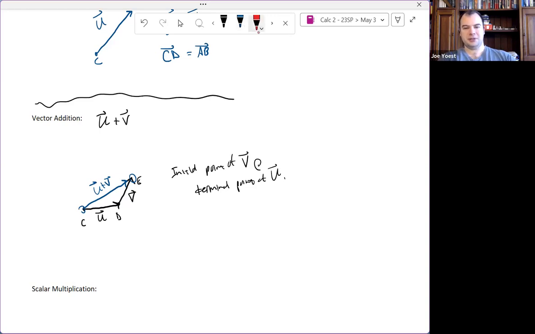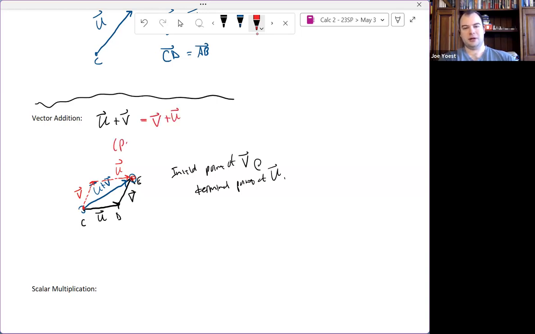Something I might notice is that I could have also started at C, and gone along V bar this way, and then U. I would have gotten to the same point. If I started at C, I would have gotten to E. So U bar plus V bar is the same as V bar plus U bar.